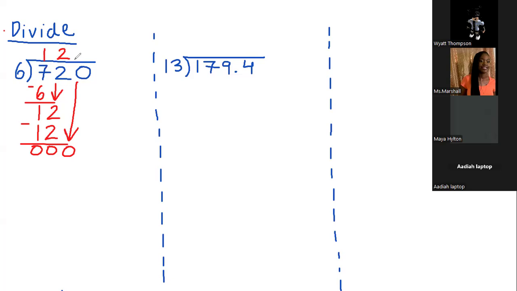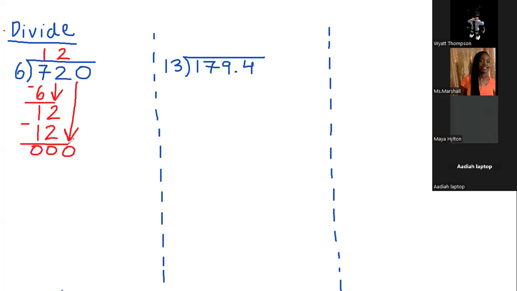All right, class, at this point, are we done? We just have 12. Are we finished? No, sir. 6 times 0 is 0. Because everything else is 0. We have to bring down the 0, right? And so what that means is, since we already brought down the 0, we have to say 6 into what? How many times does 6 go into 0?